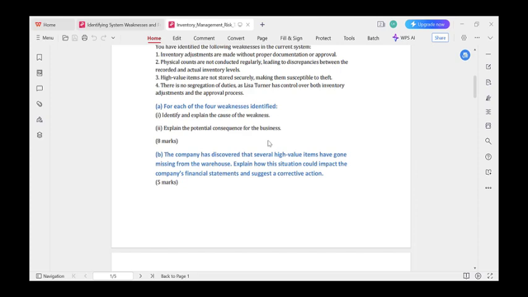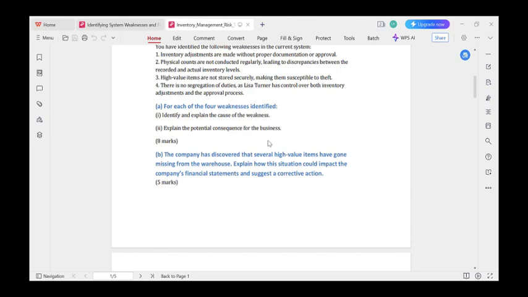So if you are not conducting your physical counts regularly, the problem is definitely going to be the difference between the recorded inventory and the actual stock, and it's going to have a big impact on the financial statements, because the value of inventory you are writing in your financial statements is not representing a true and fair view.